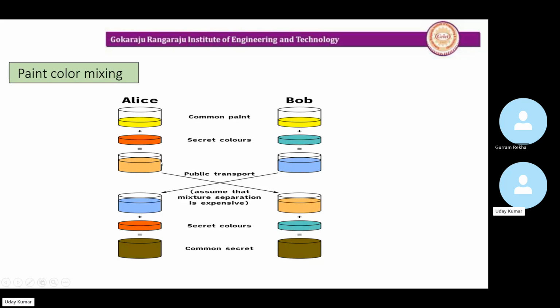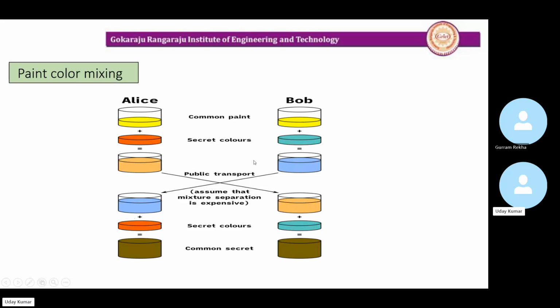Yellow and yellow are combined with a private color to form this color, and here the same happens. The mixed colors are exchanged. This color comes to Alice's side, that color goes to Bob's side, and each is mixed again with their own color, and both arrive at one same color. So this is paint color mixing.